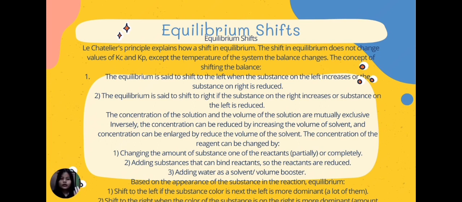The concentration of the reagent can be changed by 1. Changing the amount of substance of the reactant, partially or completely. 2. Adding a substance that can react with the reactant, so the reactant is reduced. 3.